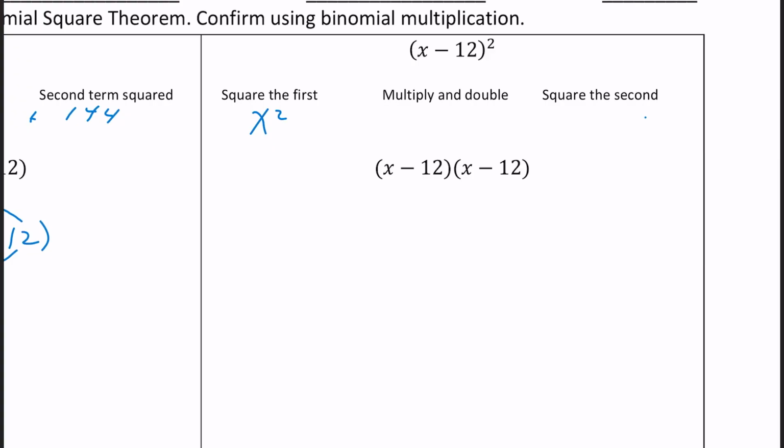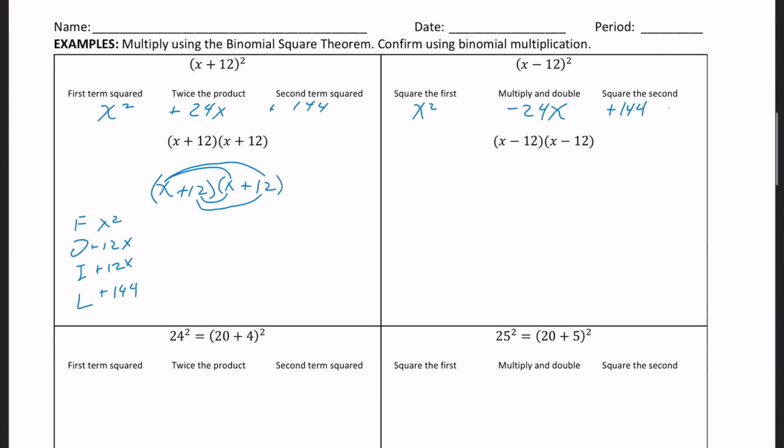The multiply and double would be negative 12 times x is negative 12x, doubled is negative 24x. And then when we multiply the negative 12 times the negative 12, the negative times the negative is a positive 144.